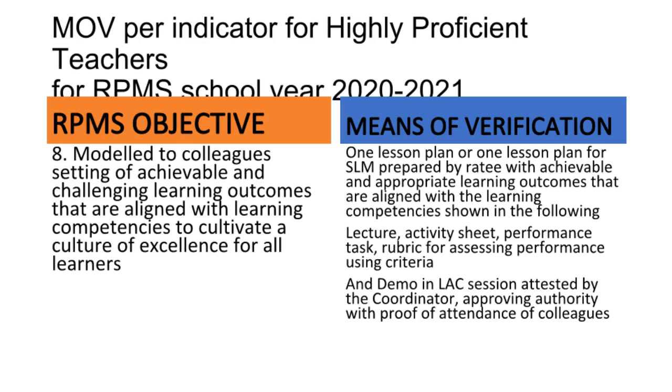One lesson plan or one lesson plan for SLM prepared by RATI with achievable and appropriate learning outcomes that are aligned with the learning competencies shown in the following: lecture, activity sheet, performance task, rubric for assessing performance using criteria. And demo in LAC session attested by the coordinator, approving authority with proof of attendance of colleagues.